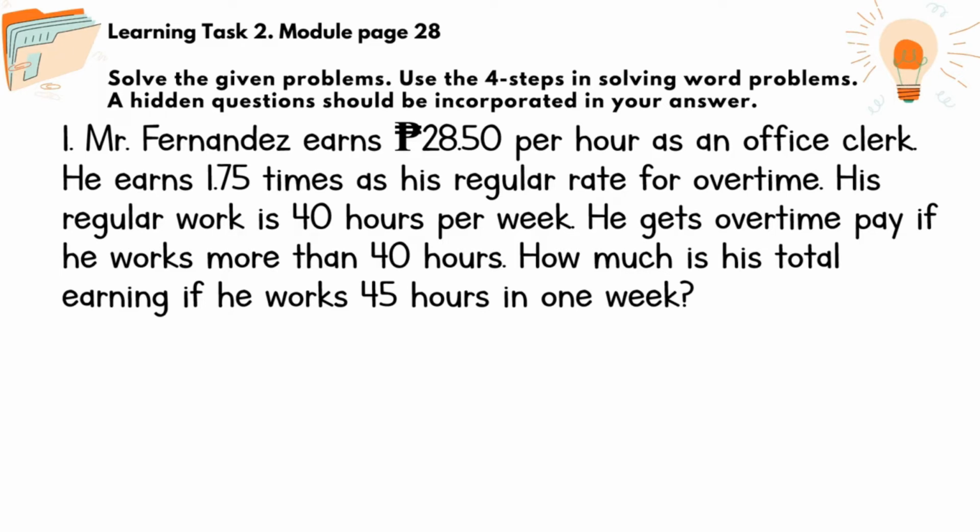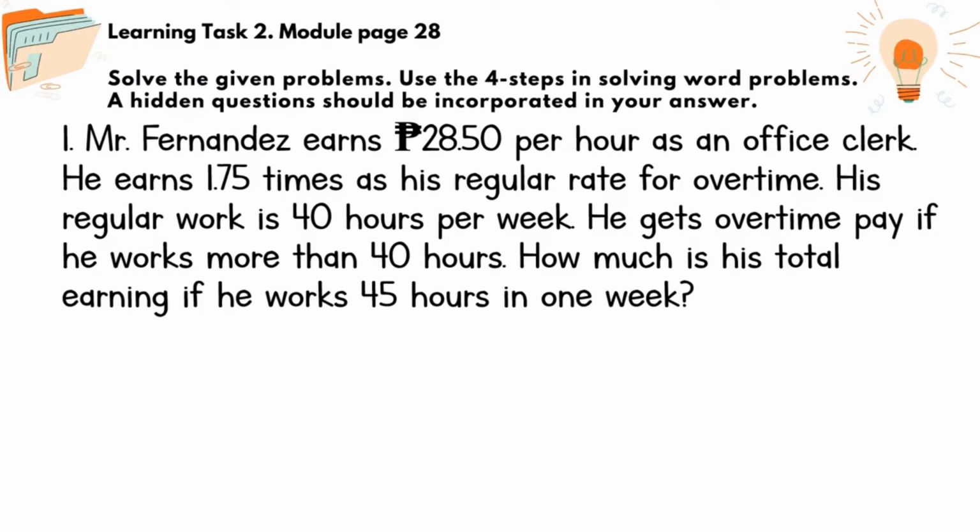He earns 1.75 times his regular rate for overtime. His regular work is 40 hours per week. He gets overtime pay if he works more than 40 hours. How much is his total earning if he works 45 hours in 1 week?